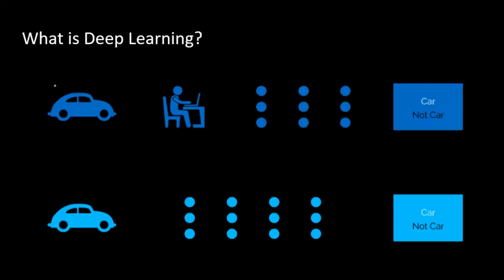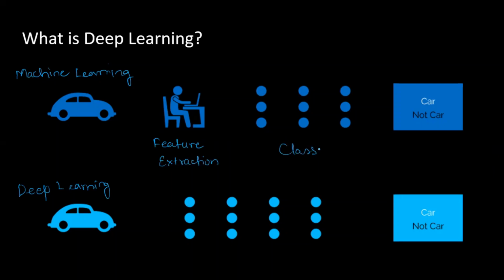Now, if I'm separating machine learning and deep learning, what is the difference? Feature extraction, classification. Feature extraction plus classification. You get it?